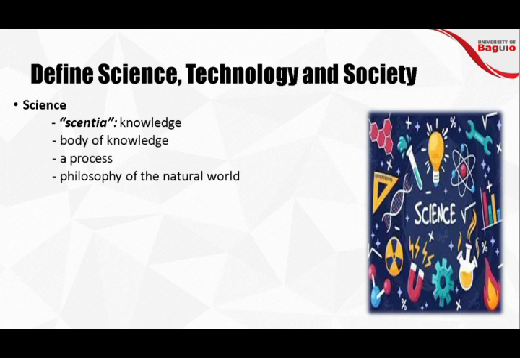Not only natural phenomena, but also different material things. For example, what is the truth of the evolution of this tree? Or the structure of this rock, or the structure of this kind of mineral? So there is a discovery of the truth behind those different kinds of material things.